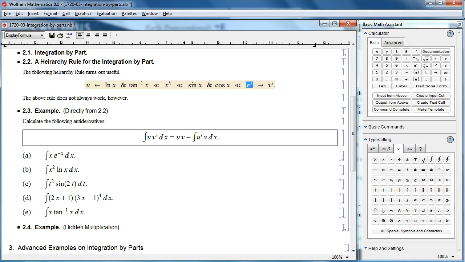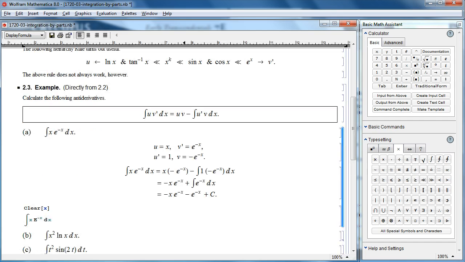And in this hierarchy rule, exponential function has stronger tendency to become v prime. So this will be v prime, and then this will be u. How about part B? Power function and the logarithmic function, which has stronger tendency to become u and v prime? Log function will become u, and this will become v prime.